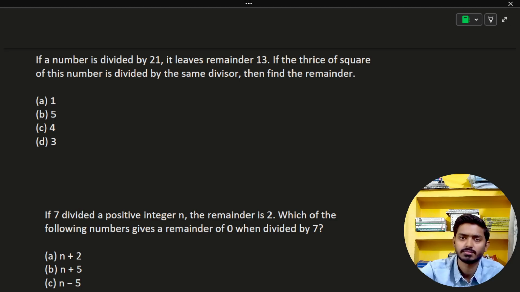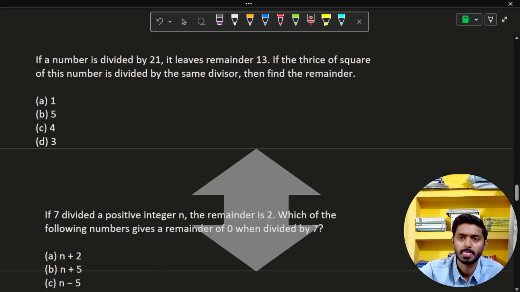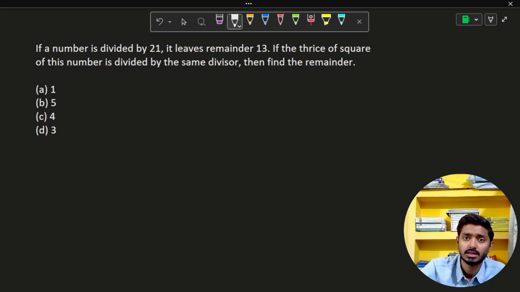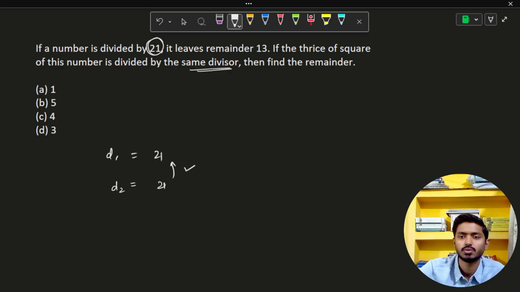Next question. Now in this question as well, you can find that there are two different divisors. First one is 21 and the second one is the same divisor, so second one as well would be 21. Obviously it is a multiple, so we'll say that the number would be the remainder itself, that is 13.